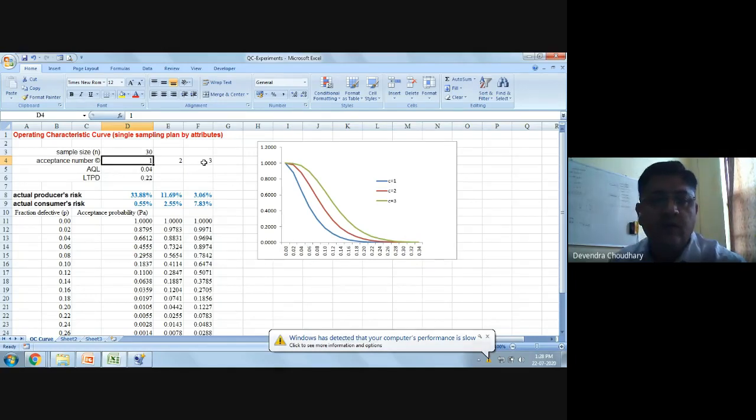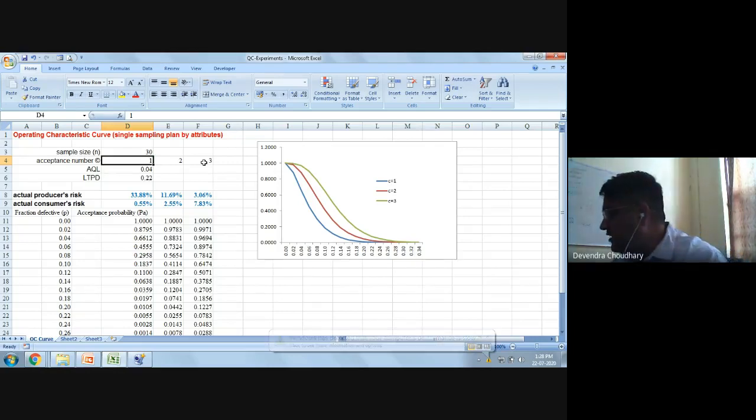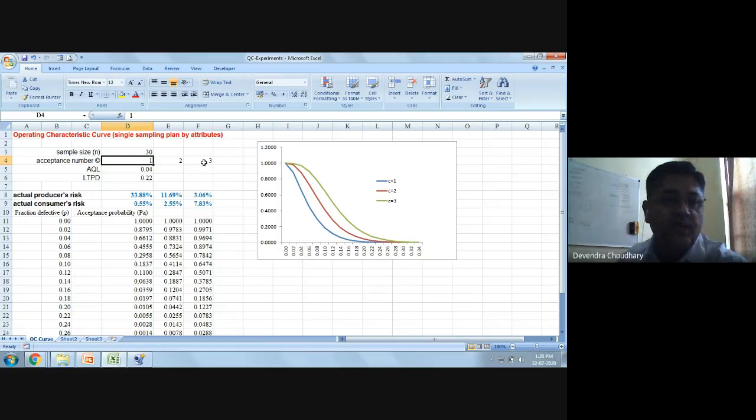So they are contradicting, as far as the values of both sample size and acceptance number are concerned. So how to decide the optimal value? This OC curve helps, as you can see on this screen, in finding out what the sample size and acceptance number should be.